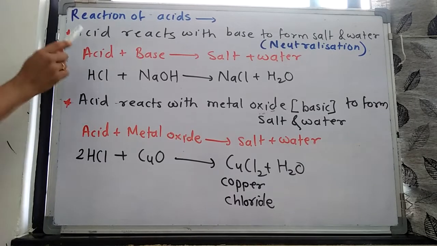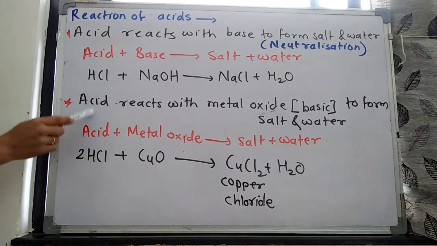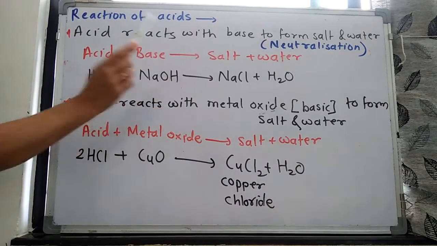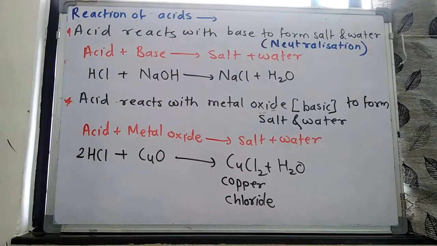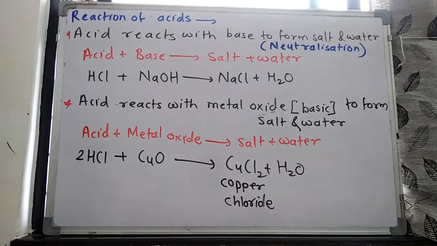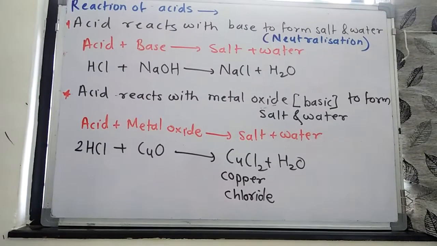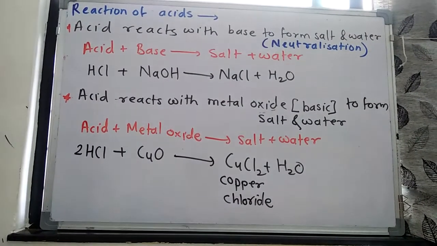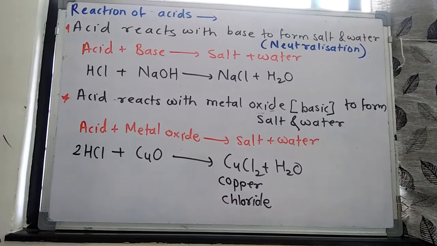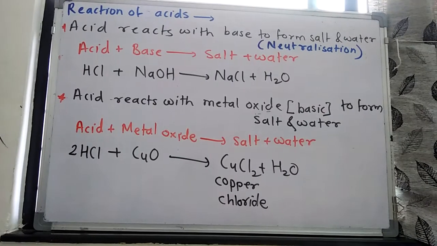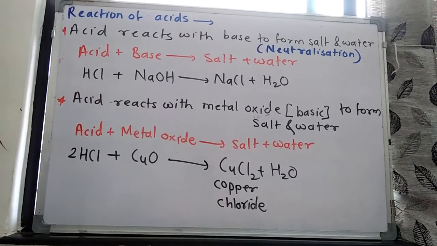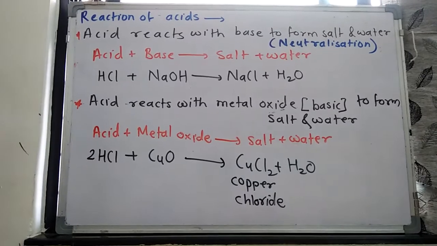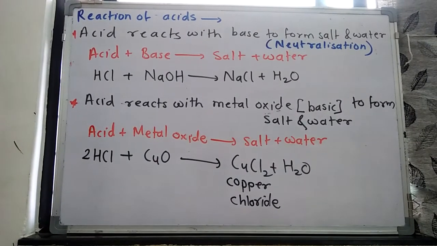Now acid reacts with base. Similarly, acid can also react with metal oxides. Now we know, most important thing, metal oxides are basic in nature. This term we have seen many times in chemistry in the 10th standard. Metal oxides are basic in nature and non-metallic oxides are acidic in nature.